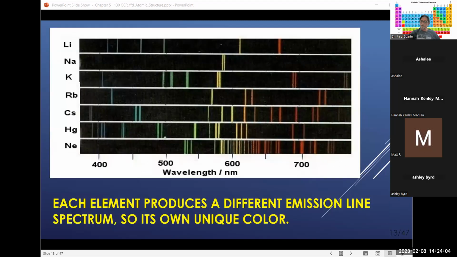In doing this to a variety of different elements listed here, you've got metals, and not just gases, but lithium, sodium, potassium, and each one has its own specific emission line, its own specific colors, and that's the fingerprint for that particular element.